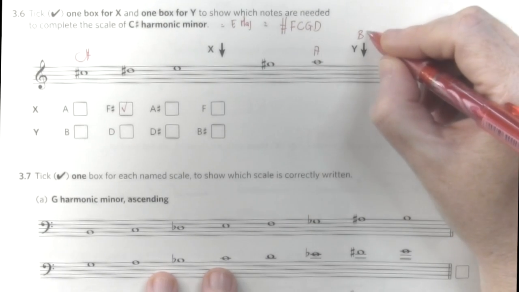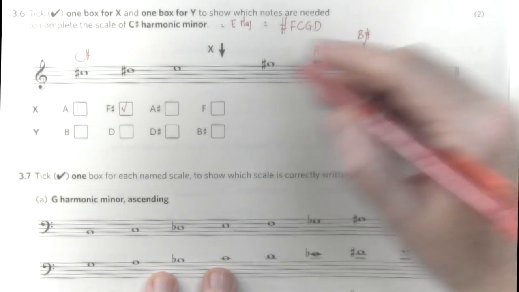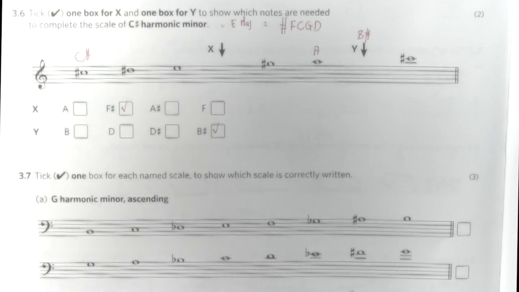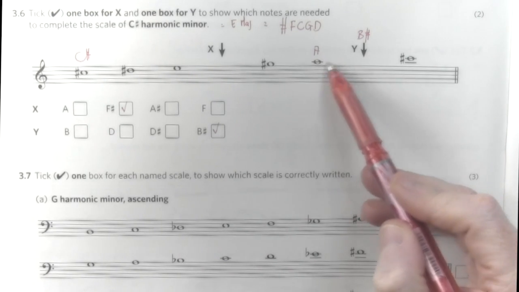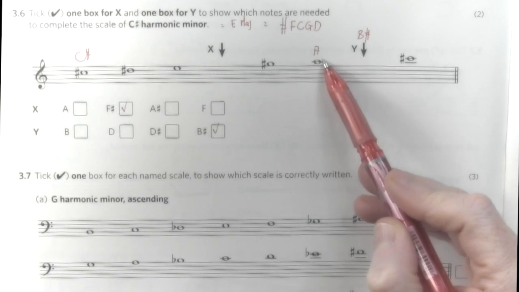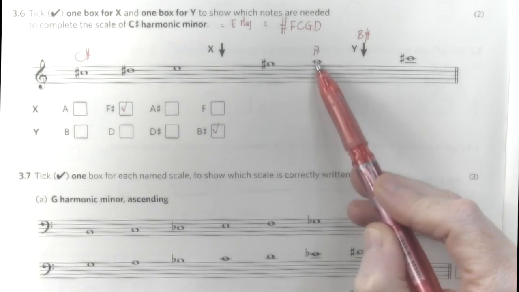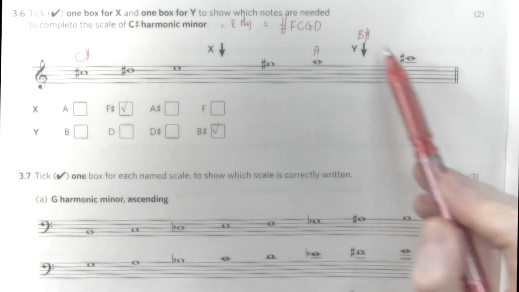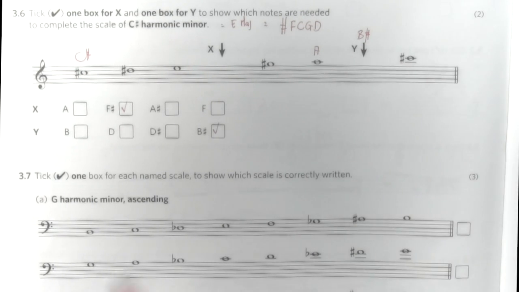So from B, we need to go a semitone higher, sharp. There you go, hear the trick. This will be the augmented second that we need, and this will be the semitone that we need between the leading note and the tonic. Is it all clear? I hope so.